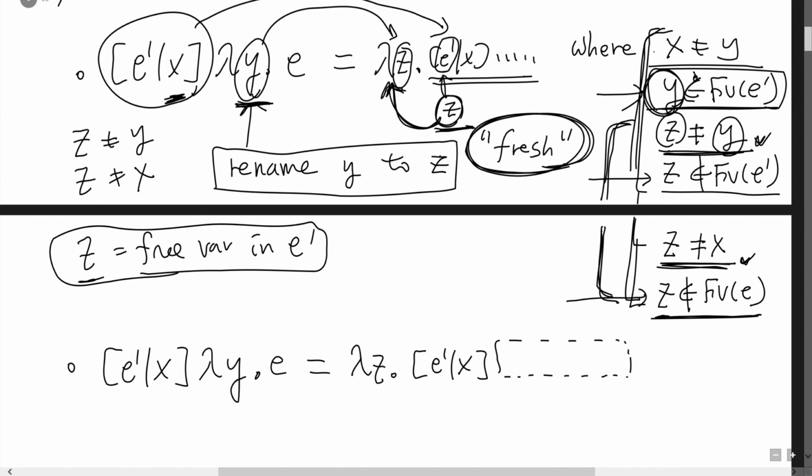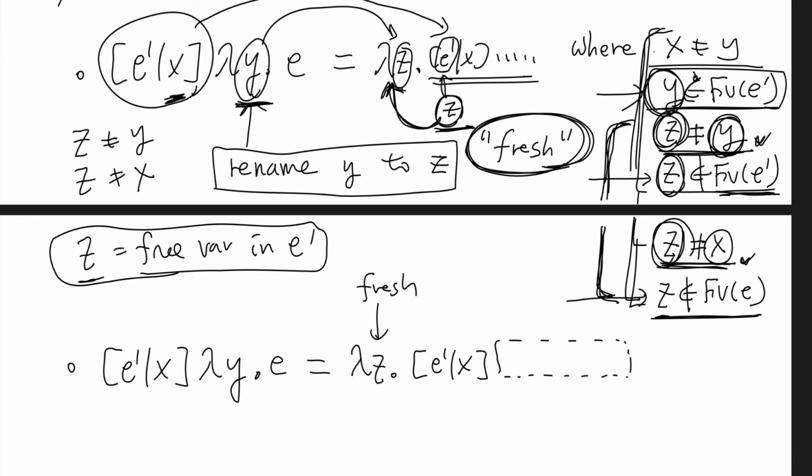And in order to make sure that z is really fresh, we need these 4 conditions. z should be different from y, of course, and z should be different from x. And in order to avoid the capture, z should not be in the set of free variables of expression E prime. And z should not be in the set of free variables of expression E.